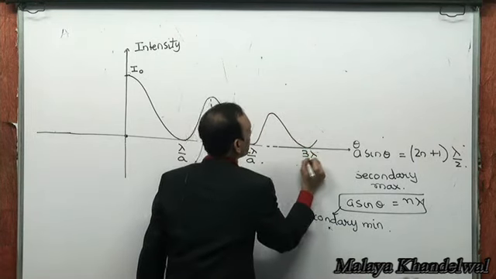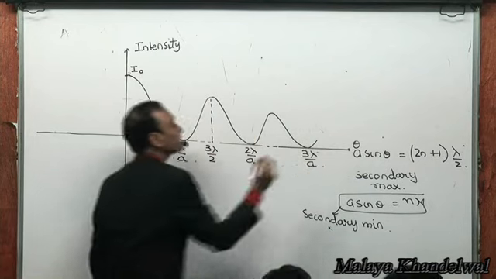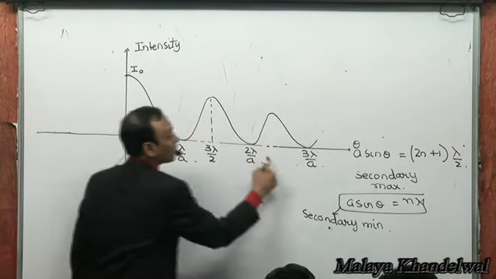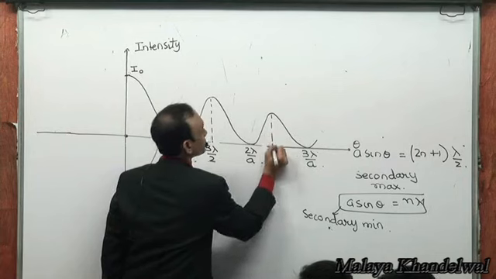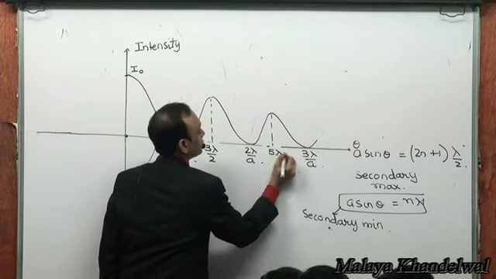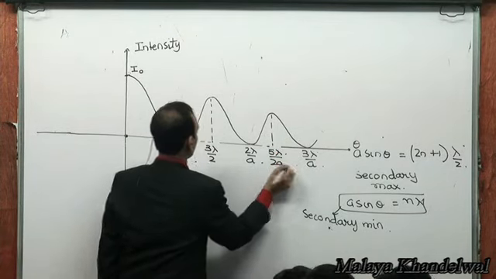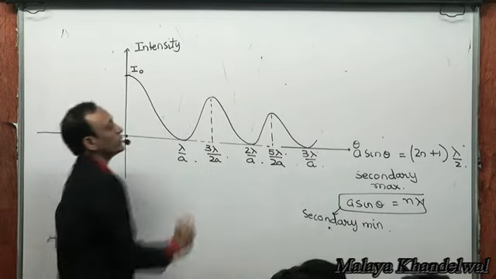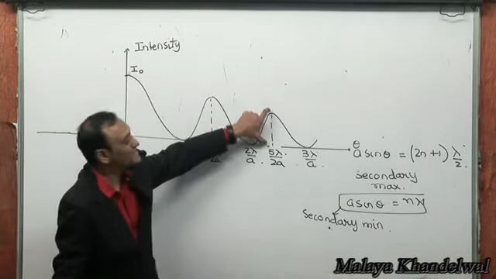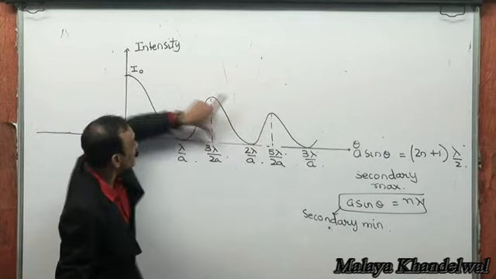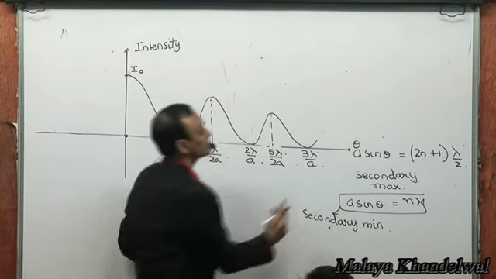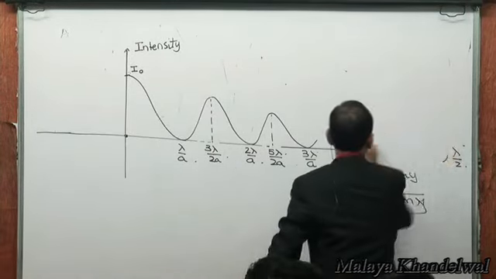Three lambda by A, third secondary minimum. Halfway between these two, you get 5 lambda by 2a, second secondary maximum whose intensity is less than the first secondary maximum, and so on and so forth.